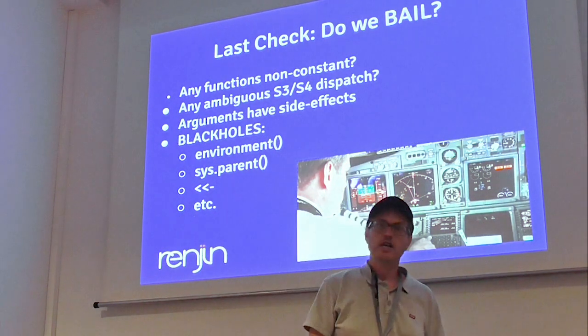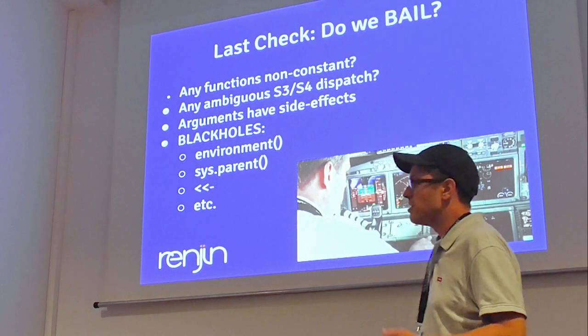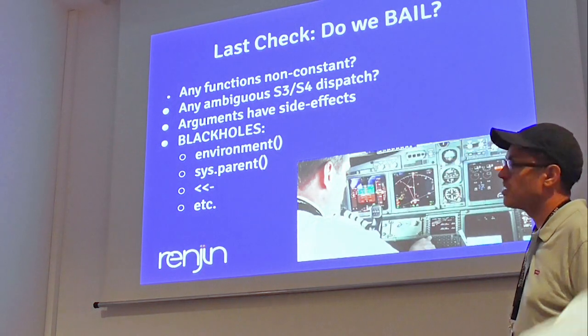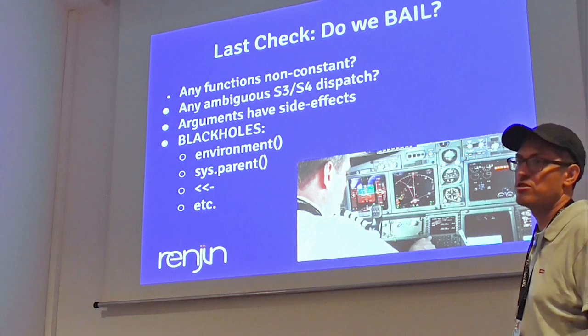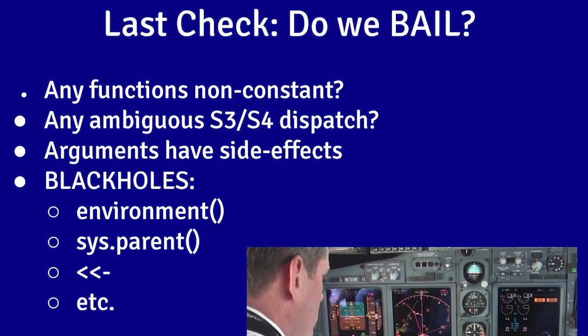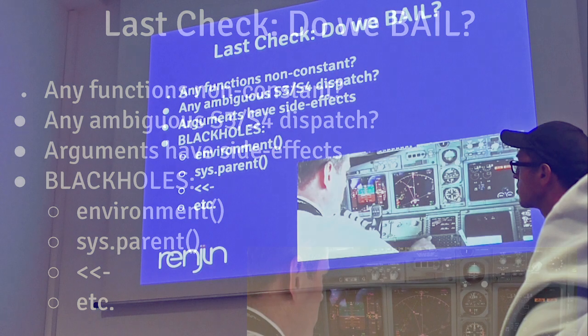And this is the one downfall of this approach: there are many things that can cause an abort. If you get to that loop and you've done all the analysis, but one of the functions changes during the execution of that loop, then our algorithm says, I'm done, I can't go further.